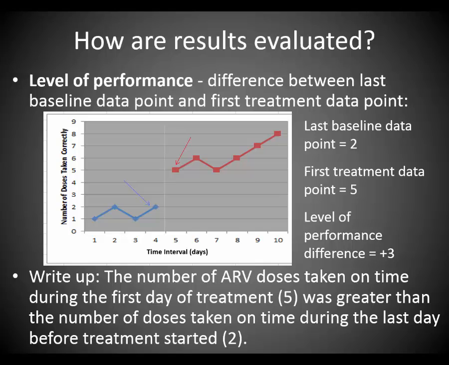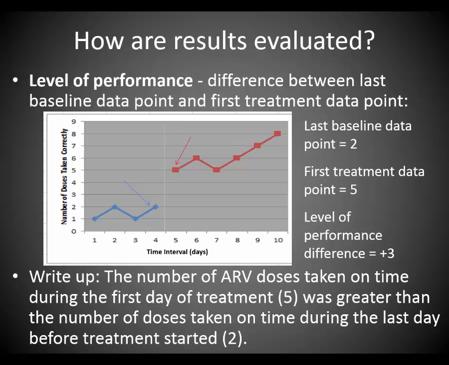So it's really the difference between the last baseline data point, which was 2, and the first treatment data point. The level of performance difference in this case is a change of 3 doses taken correctly or on time. And we would write up our results using the following pattern.